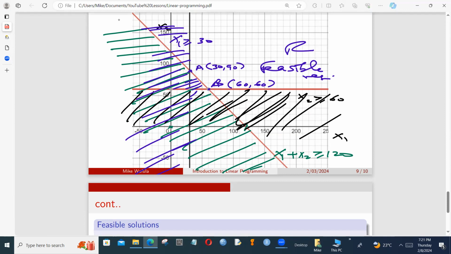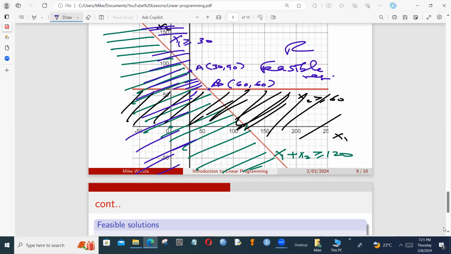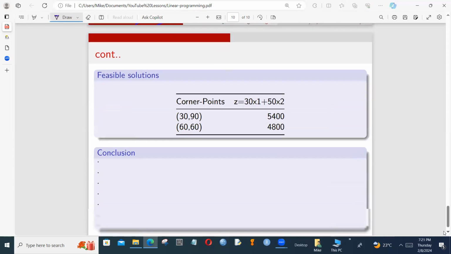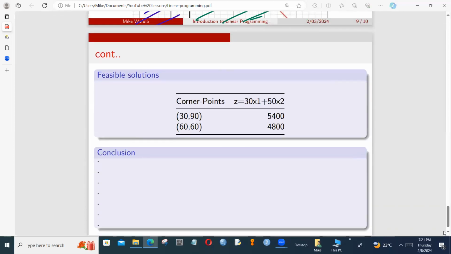And so we use those two points to determine the one that will give us the minimum of the objective function. So again, we have our results with the corner points A and B, and the objective function being minimized.